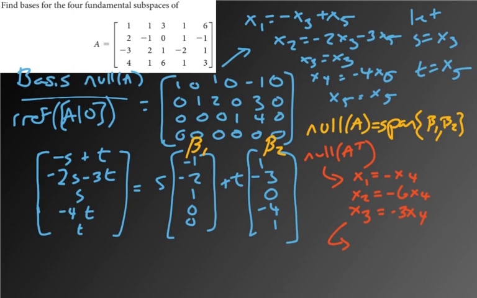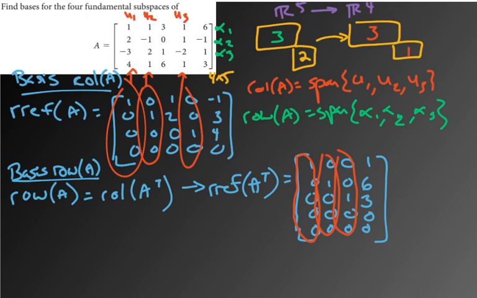And from that, if you parameterize it, a basis could just be the span of -1, minus 6, 3, minus 3, and 1. But nicely enough, the null space of A transpose has dimension 1.